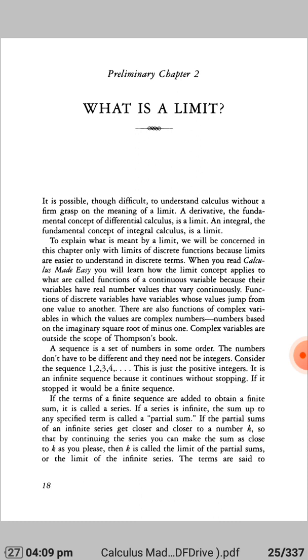If the terms of a sequence are added to obtain a sum, it is called a series. If a series is infinite, the sum of any specified number of terms is called a partial sum.